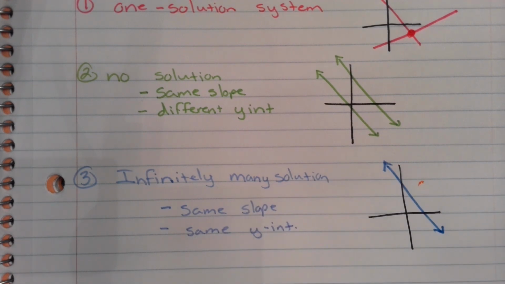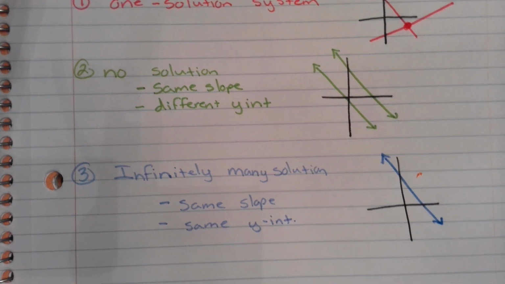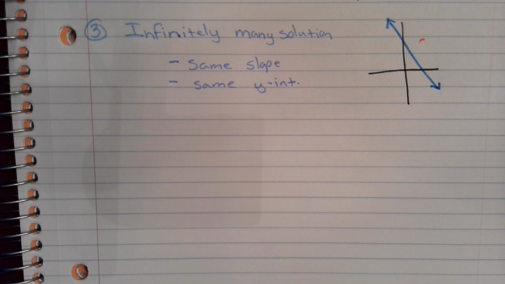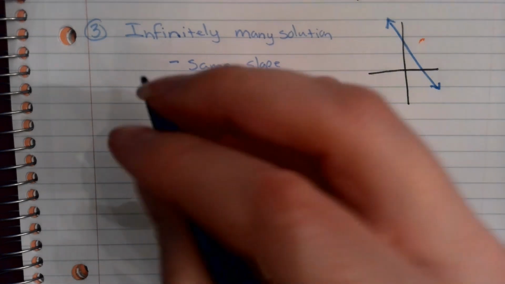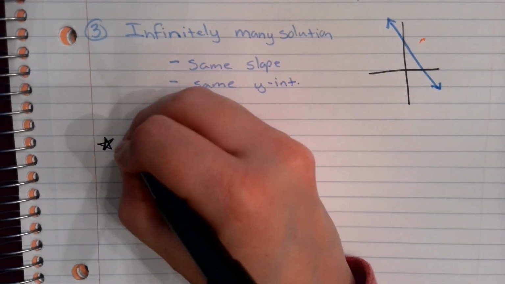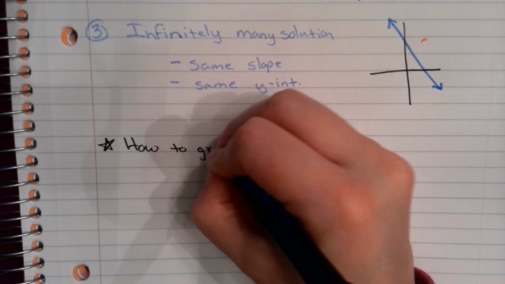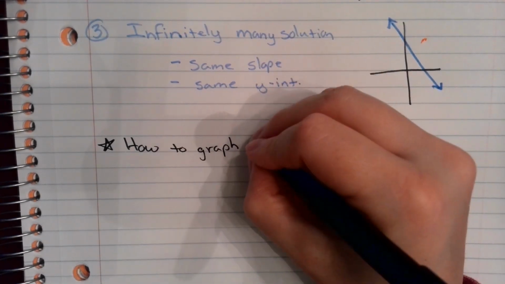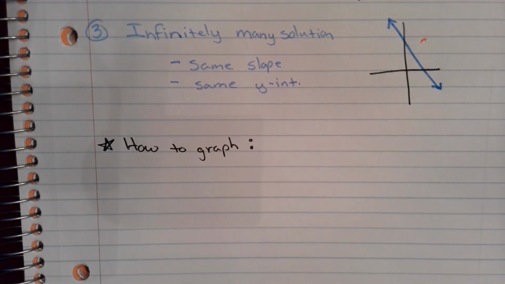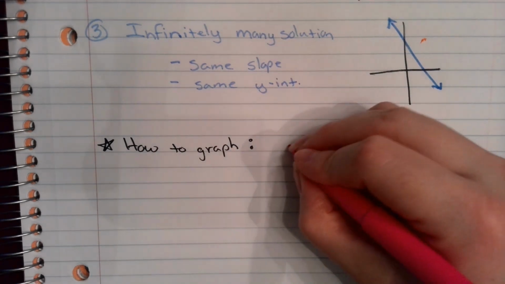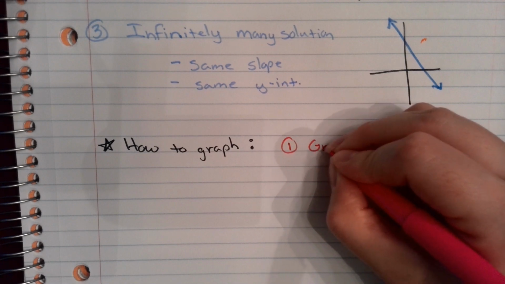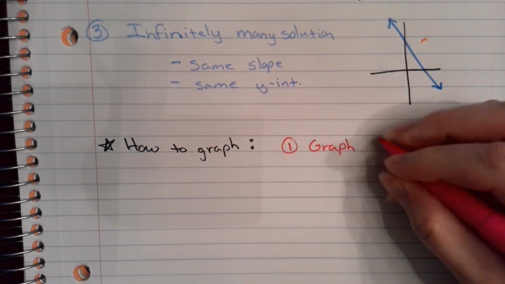And then once again, because some of you are still struggling with that graphing component, I want to talk to you guys about how to graph. The first thing that you need to make sure you're doing is that you graph the y-intercept first.